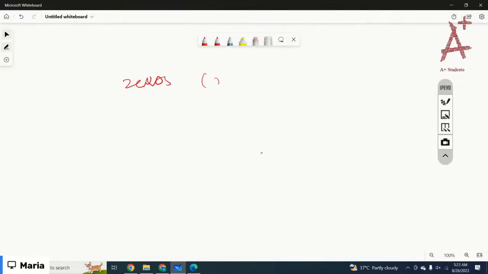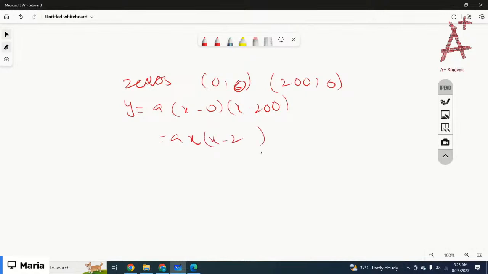The zeros are 0, 0 and 200, 0, right? So you can write the equation in factored form as y equals a times x minus 0 times x minus 200, right? It would be a x times x minus 200.